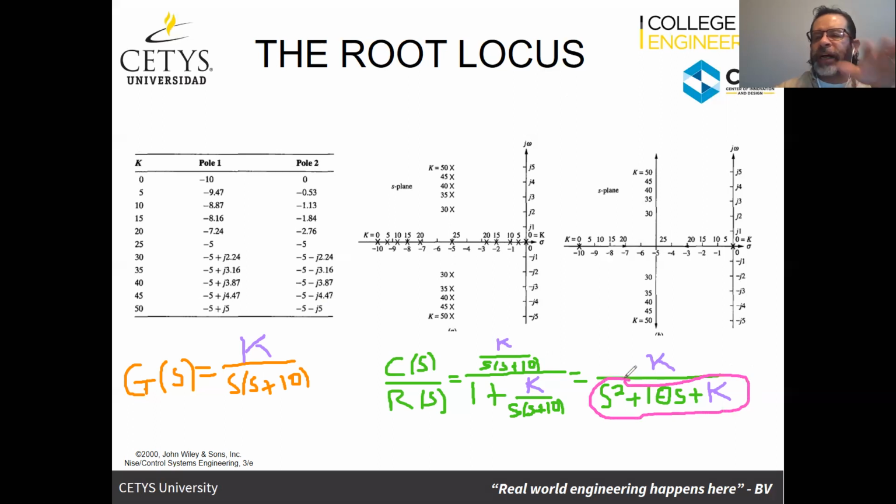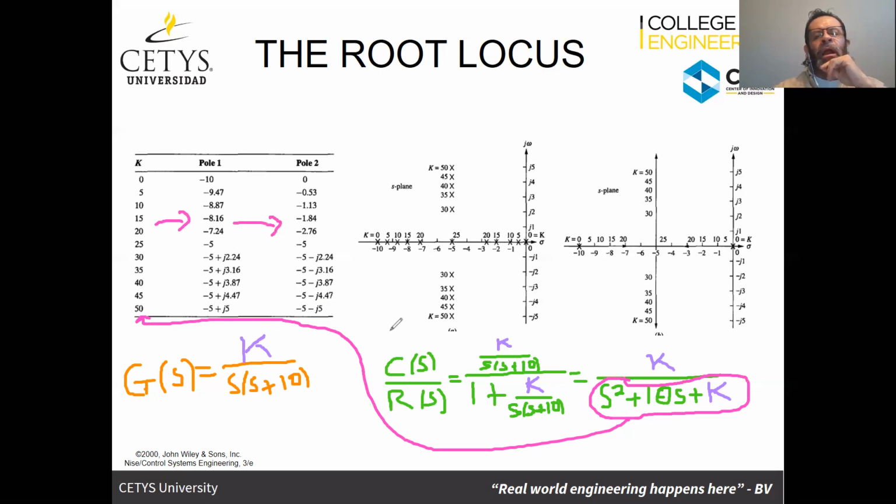If we start evaluating that expression, we're going to give different values to K. For each value of K, we obtain the poles. And then we take these and plot them, and we find this graph here. So we're just plotting the values here. And once we plot them, we can make a continuous line between them. And so basically the root locus for this system is going to look something like this.